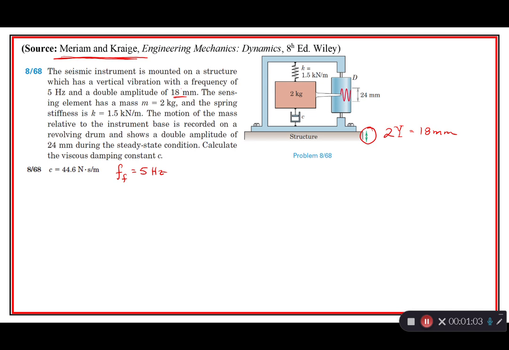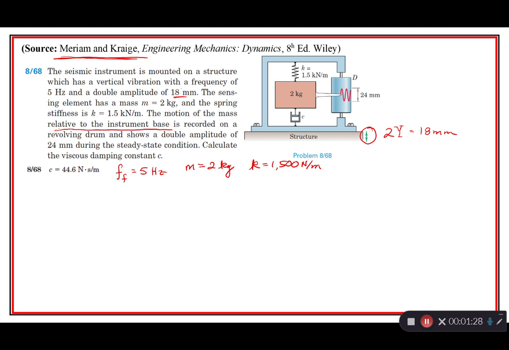The sensing element has a mass of 2 kilograms and a spring stiffness of 1,500 newtons per meter. The comma is kind of ugly. Not any better. All right. And the motion of the mass relative to the instrument, right?